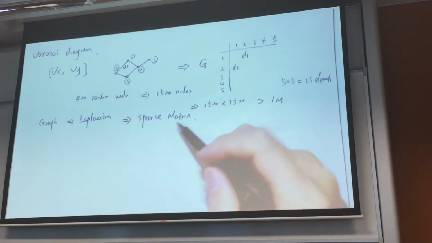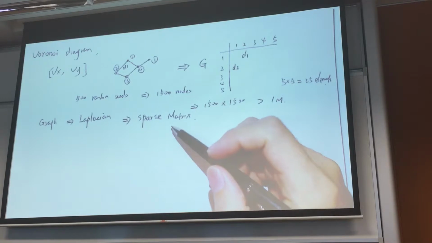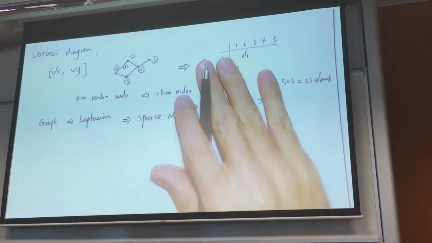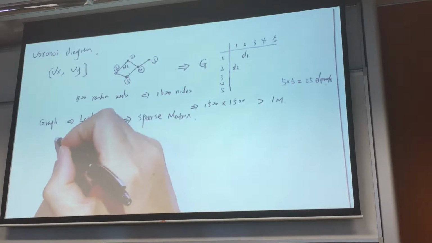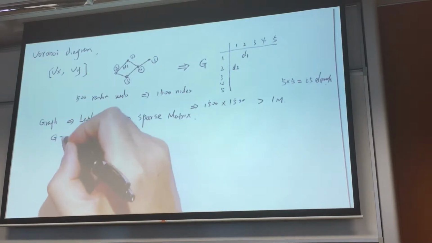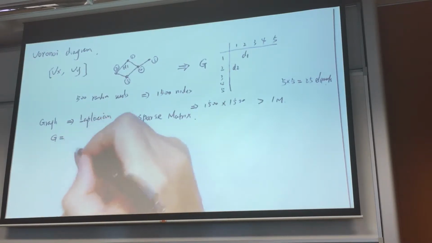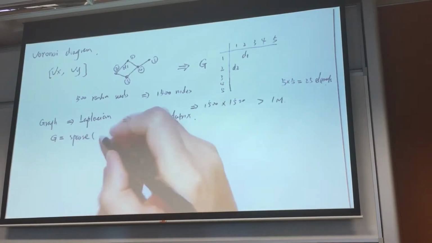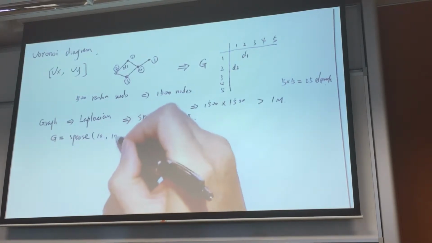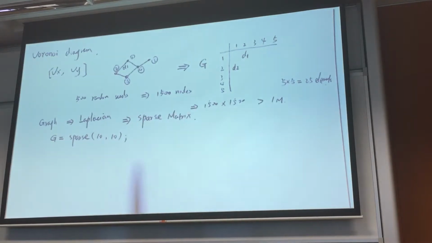In MATLAB, using the sparse matrix is quite straightforward. For example, if you want to define a sparse matrix, you just declare it like this. You declare a matrix as a sparse matrix, then you give the dimension, for example, 10 by 10. That will generate a 10 by 10 matrix.